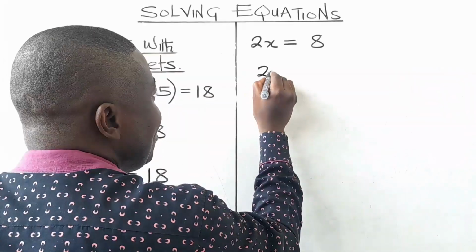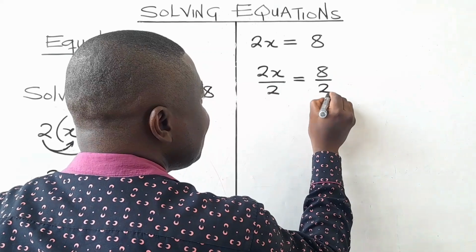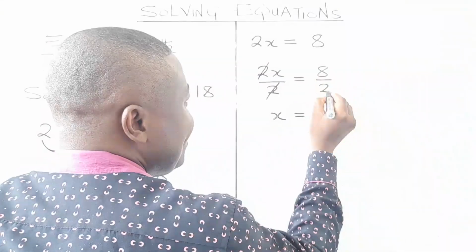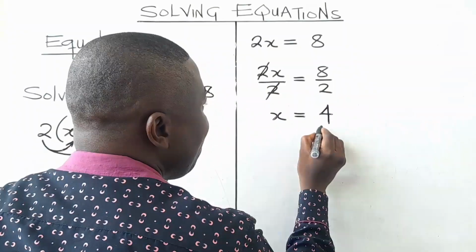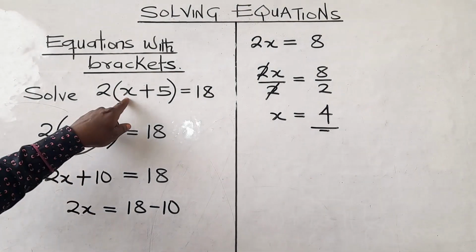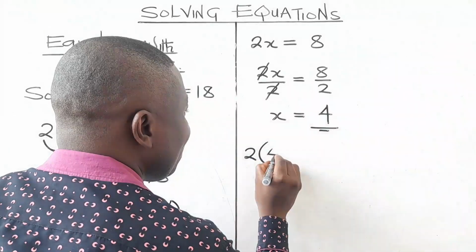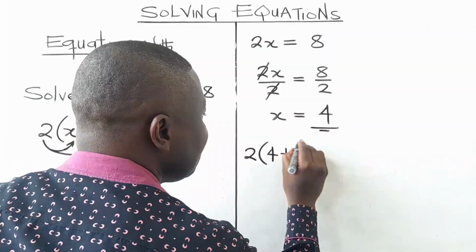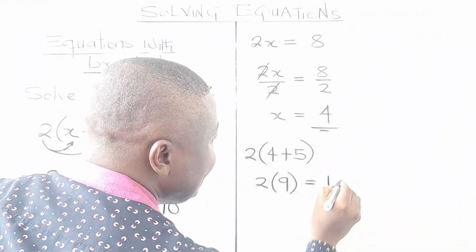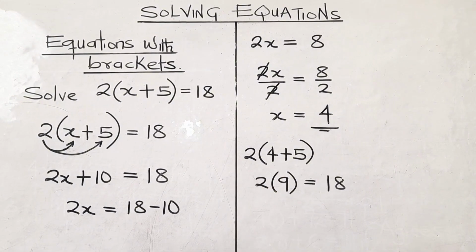So 2x over 2 equal to 8 over 2. x equals 8 divided by 2, which is 4. The answer is 4. To check, 2 bracket 4 plus 5 is the same thing as 2 times 9, which is 18. It agrees with this. So we are correct.